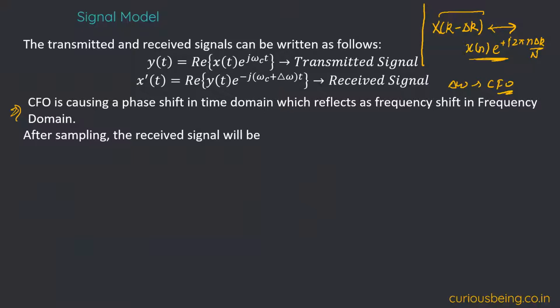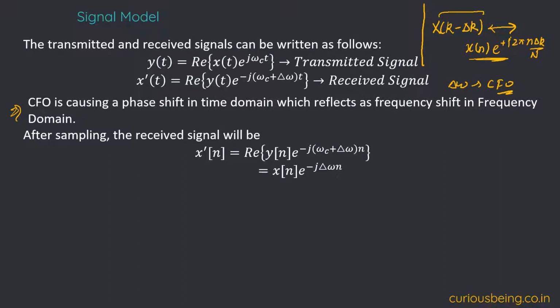After sampling, I can write my received signal like this. One more thing: I will not mix up multiple impairments. I will describe each impairment individually. So in this case we are only assuming CFO presence, no other impairment. But ideally, or practically, in a system there will be multiple impairments present simultaneously.